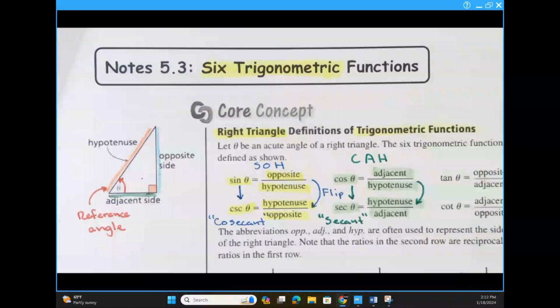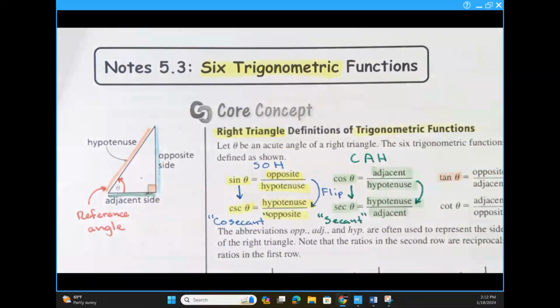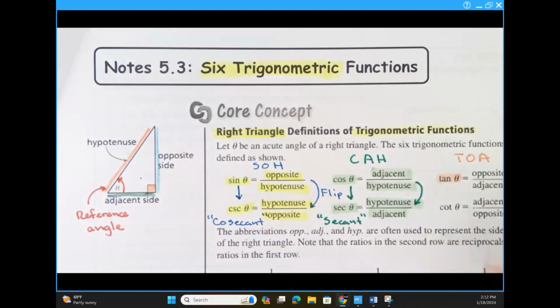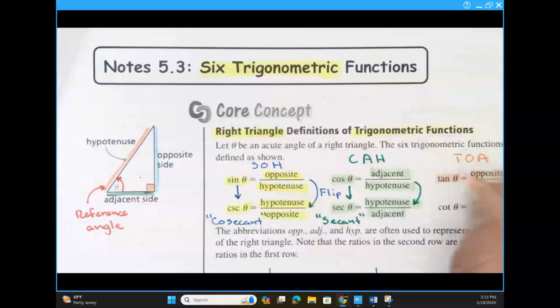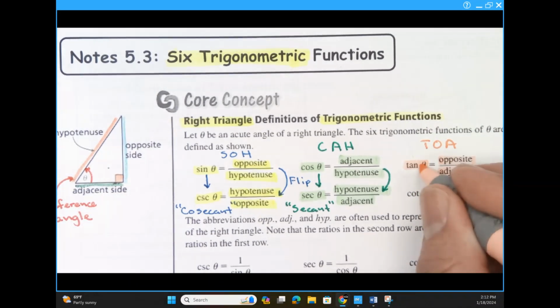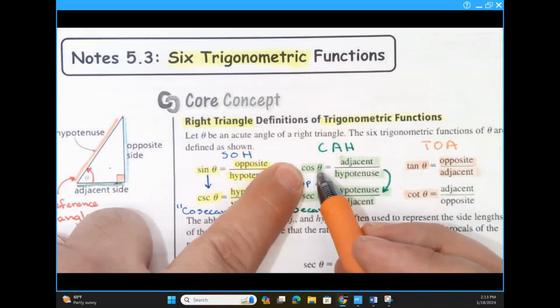And then finally, last one here, we have tangent. We know tangent. According to the name SOHCAHTOA, that was the TOA because it's opposite over adjacent, just like the letters say. And if you look, related to tangent, it's COT. Now, again, look at the names. We have sine, and then there's cosine.